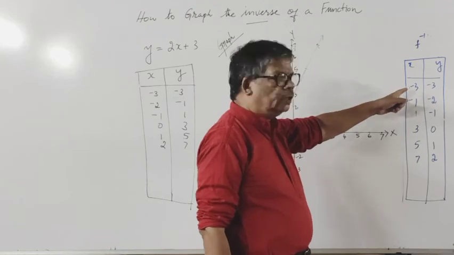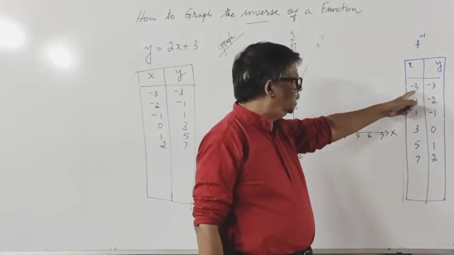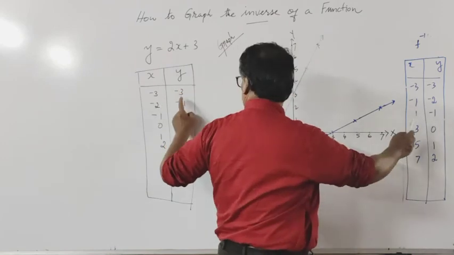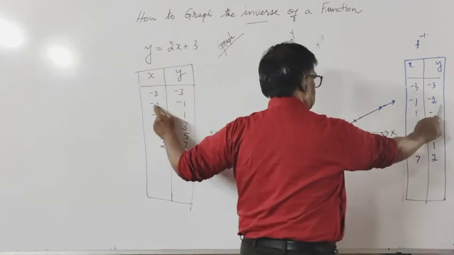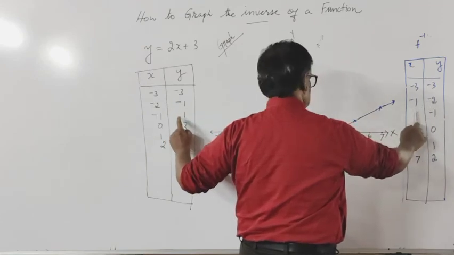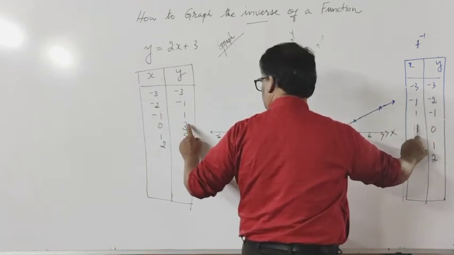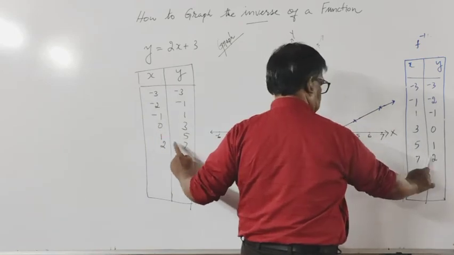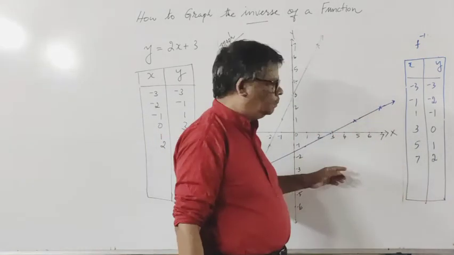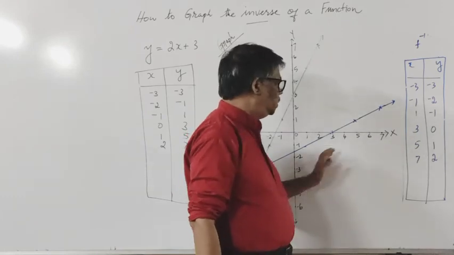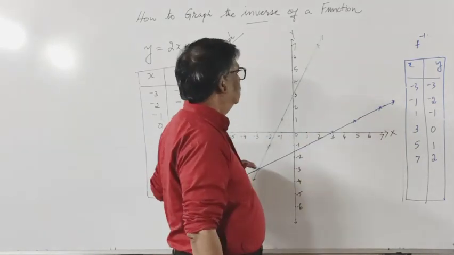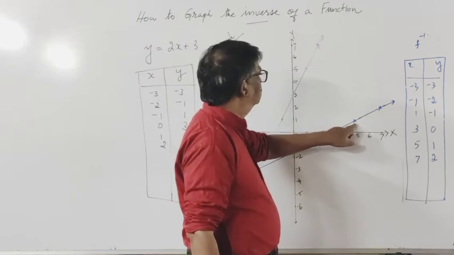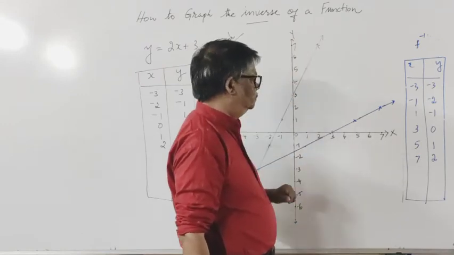So the ordered pairs of the inverse are obtained like this: minus 3, minus 3, minus 1, minus 2, 1, minus 1, 3, 0, 5, 1, 7, 2. And these points are plotted and the line is joined. Now this will be the graph of the inverse of this function.